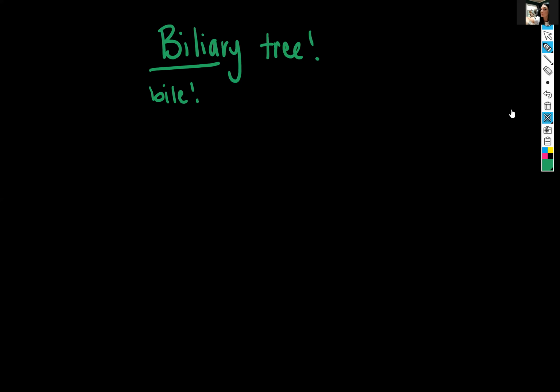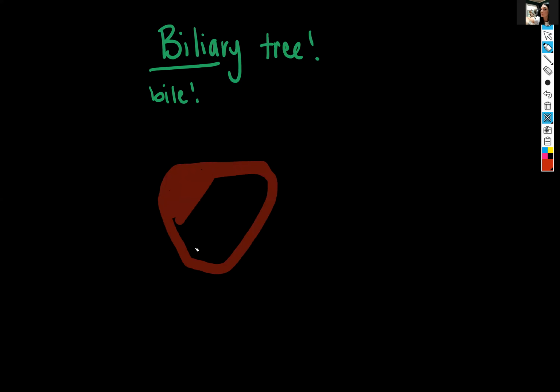So one of the jobs of your liver is to make bile. So I'm going to draw a big see-through liver. And we're going to look at the different parts of it.